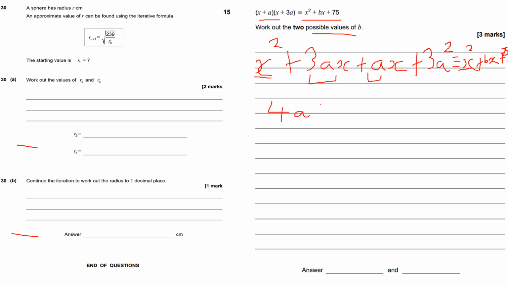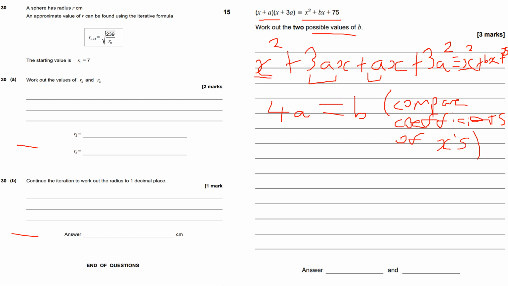Compare coefficients of the x's on both sides of my identity. The 4 comes from 3a plus 1a. Sorry guys, my handwriting is pretty dreadful, I apologise. Of x's.